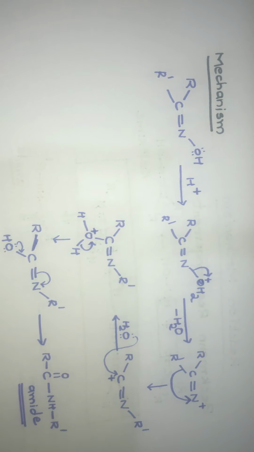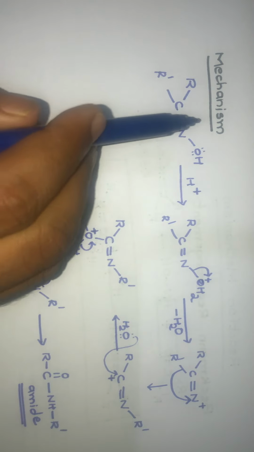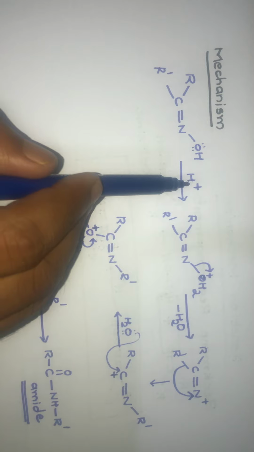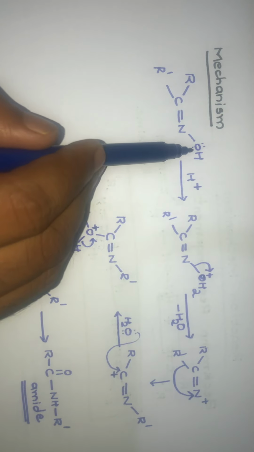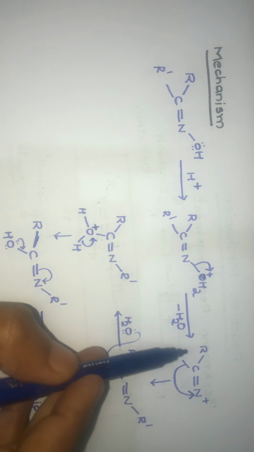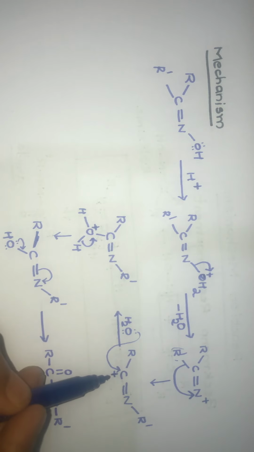So this is what actually happens in the reaction. I'll just explain it once again. Ketoxime in presence of an acid, first protonation takes place, loss of water takes place, resulting in the formation of a positively charged nitrogen here. So electron deficient nitrogen, and the R group migrates here. When it migrates here, the carbon becomes positively charged.